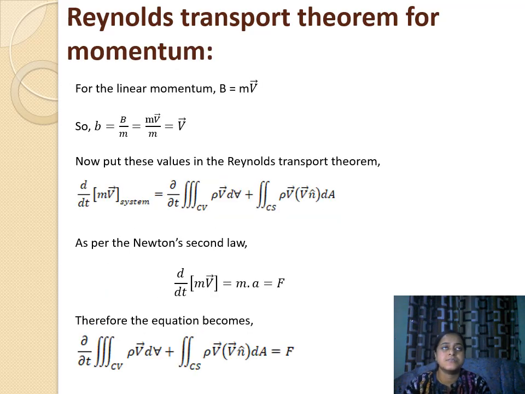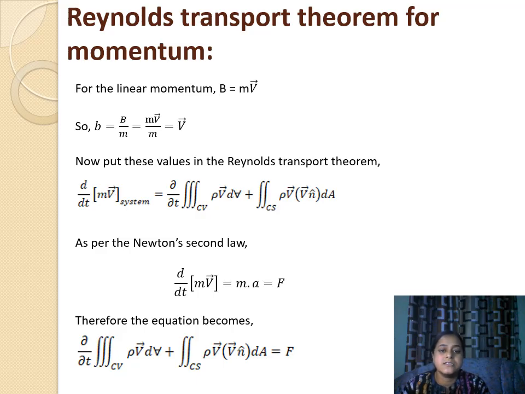Next, Reynolds transport theorem for momentum. For the linear momentum, capital B equals m times V bar. So small b equals capital B divided by m, and finally small b equals V bar.